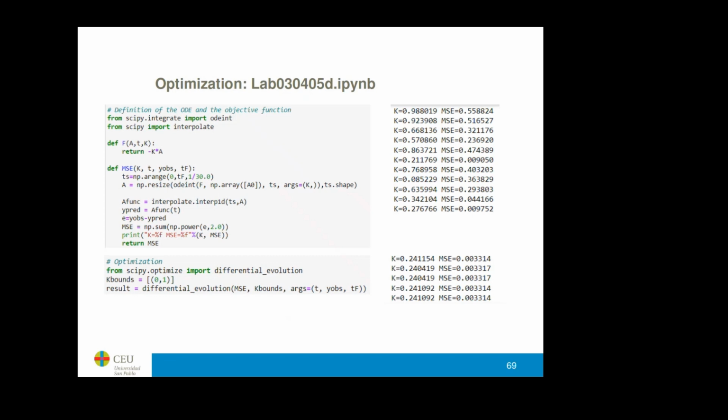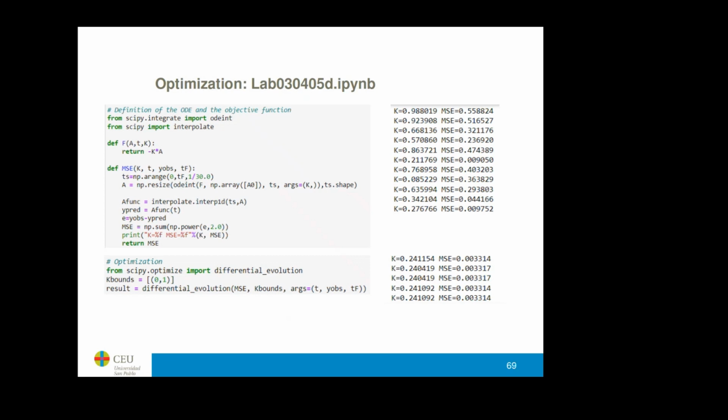Now I interpolate this solution at specific times with this step. And now I compute the difference between what I observed and the predicted one, and this is my error. I pass this error to differential evolution. So all I have to give to the optimizer is how to compute the error and where the parameters live. And it will find a way.